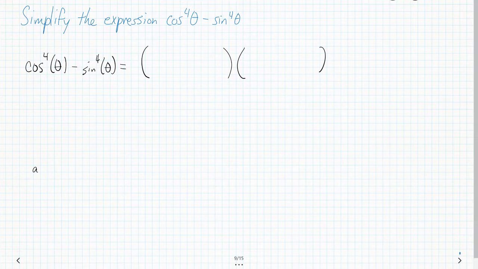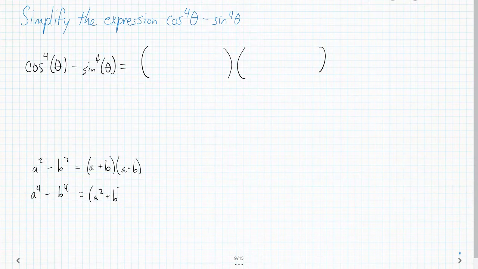Well, there's a nice formula. If you have a squared minus b squared, that equals a plus b times a minus b. Now you might say, oh, but this is to the fourth. Well, if I have a to the fourth minus b to the fourth, notice the square is squared, so basically I can write this as a squared plus b squared, and then I have a squared minus b squared.